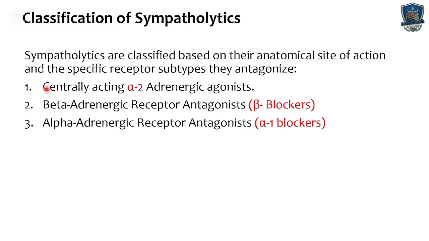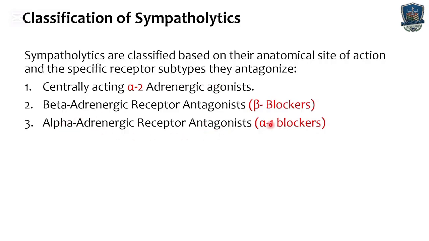So one thing before I continue, number 1 and number 3 may be confusing for those who haven't watched my previous slides. So centrally acting alpha 2, these are the agonists, because we want to promote alpha 2 activity. Alpha 2 activity works against sympathetic activity. That's why we want to promote it. Whereas number 3, it's antagonists.